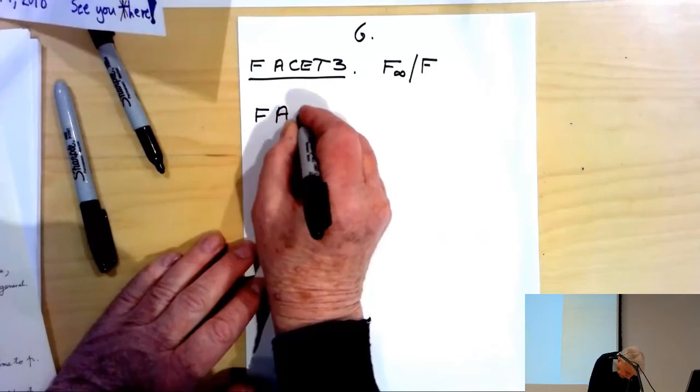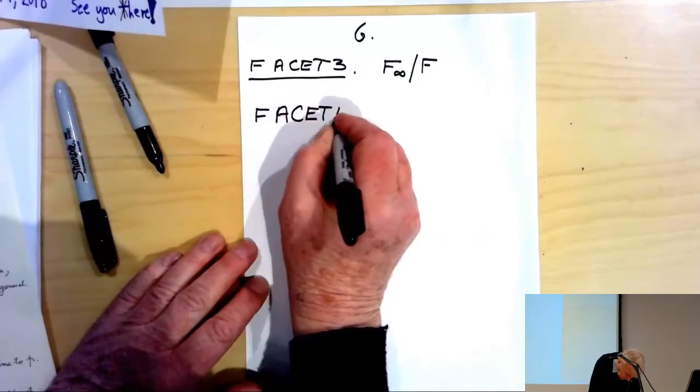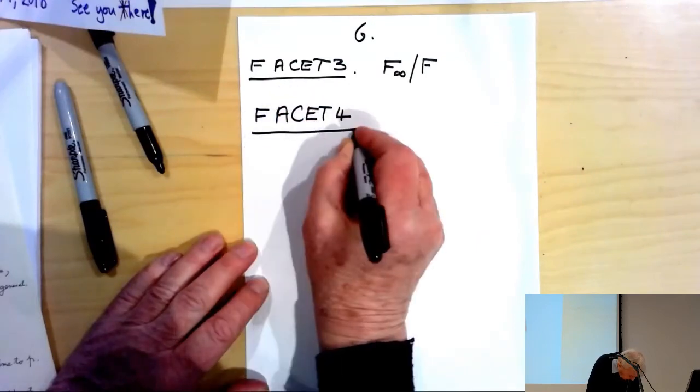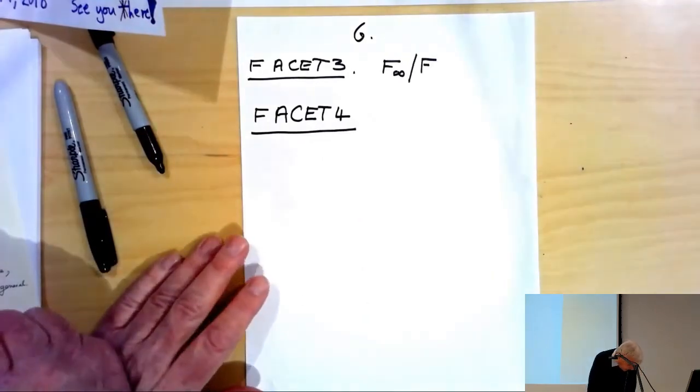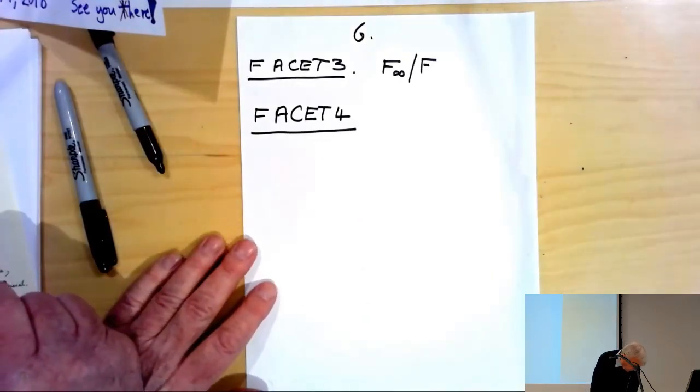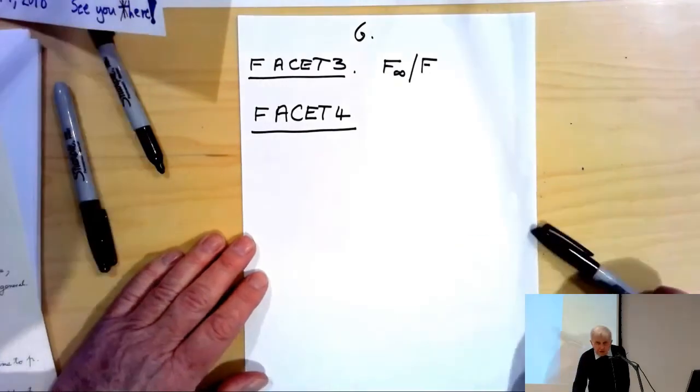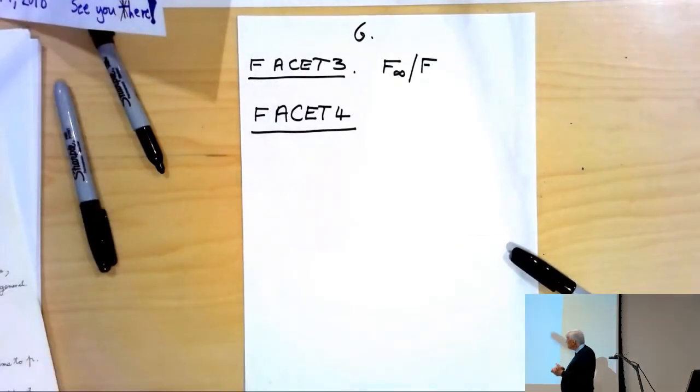And then finally, facet 4 I want to mention is this fact that, again, I'll only write down a few things, it seems that some important modules which turn up naturally in Iwasawa theory are much smaller than you would expect from the naive algebraic theory.